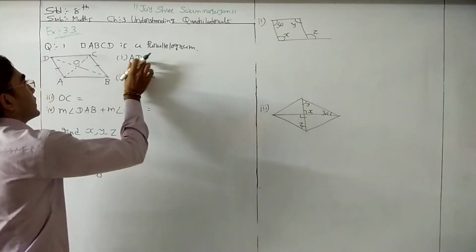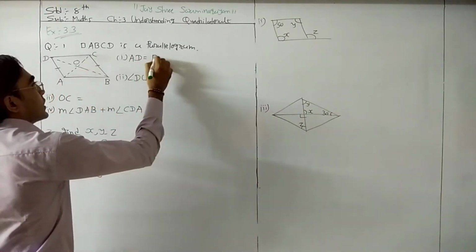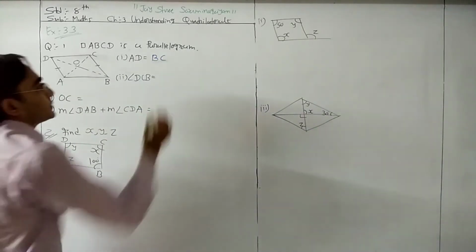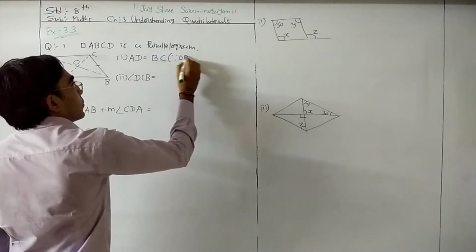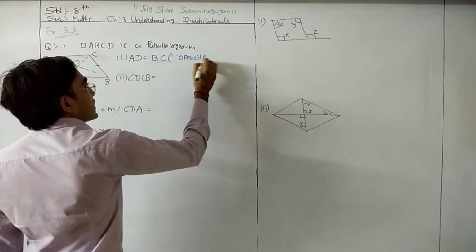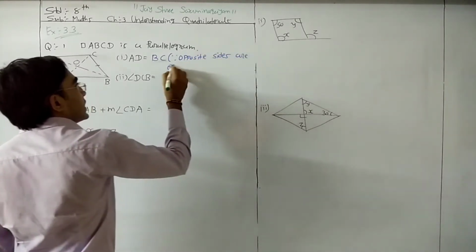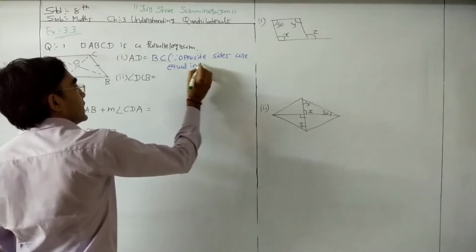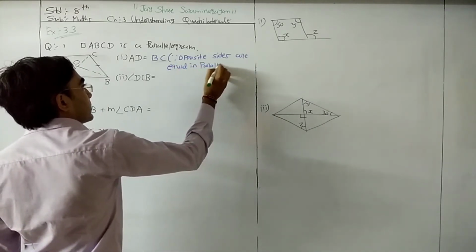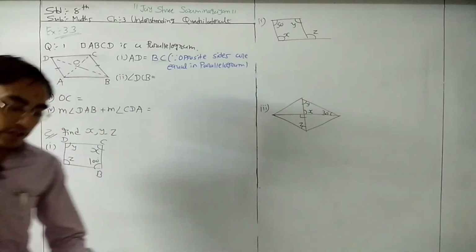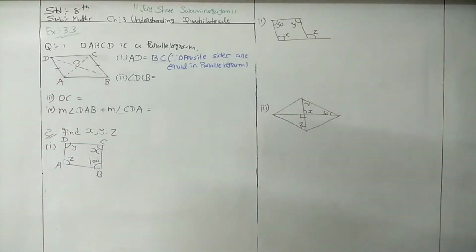So here we can write AD is equal to BC, and the reason: opposite sides are equal in a parallelogram.